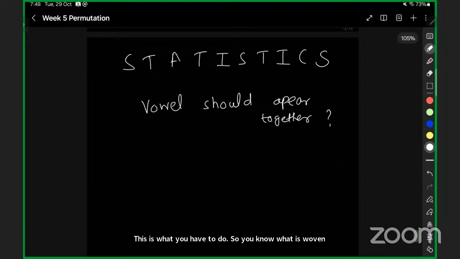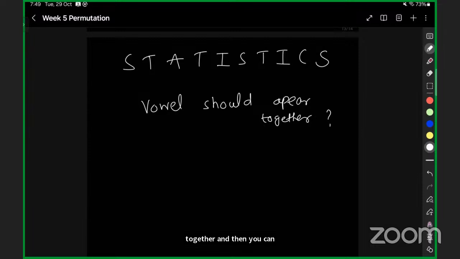Anybody who doesn't know vowel? Okay, fine. So how will you do this? First, select the vowels and stack them together, group them together, and then you can place them.